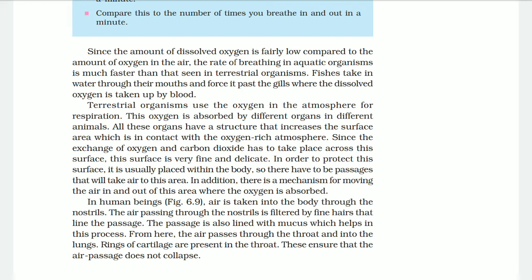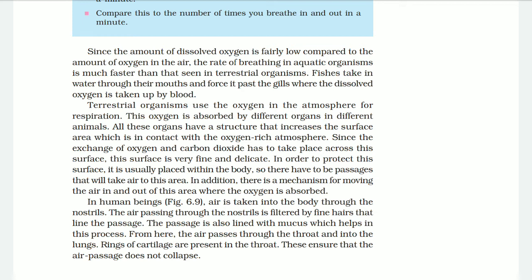So there has to be a passage that will take the air into this area. In addition, there is a mechanism for moving the air in and out of this area where the oxygen is absorbed. So any organism has a particular, precisely defined area where the exchange of gases takes place.